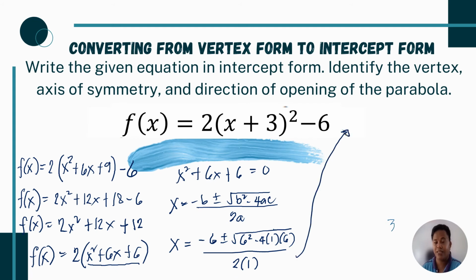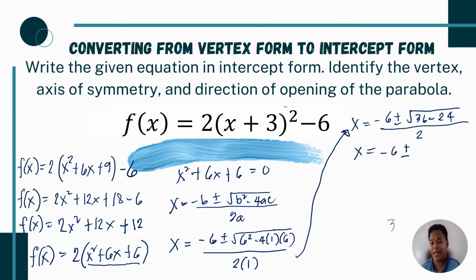Then, simplify po natin. X is equal to negative 6, positive negative square root of, so 6 squared is 36, and the product of 4, 1, and 6 is equal to 24, divided by 2. Then, x is equal to negative 6, positive negative square root of 36 minus 24 is 12, all over 2. And this 12 is equal to 4 times 3, all over 2.